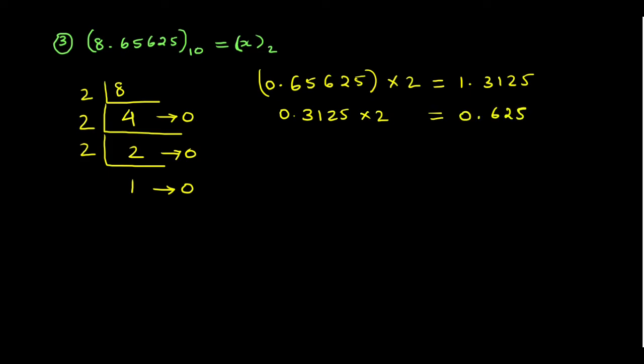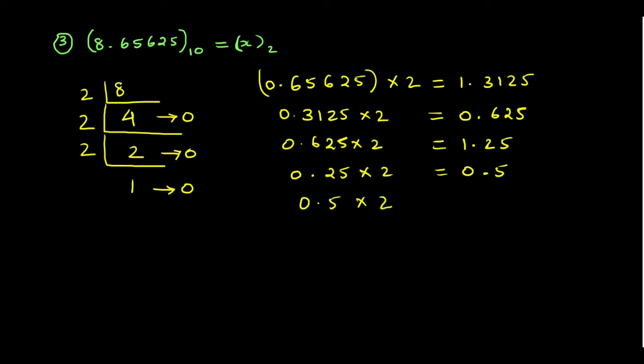Again we have to write down the fraction. 0.625 multiplied by 2. What do we get? We will get 1.25. So 0.25 multiplied by 2. We get 0.5, right? 0.5 multiplied by 2, half multiplied by 2, we will get 1.